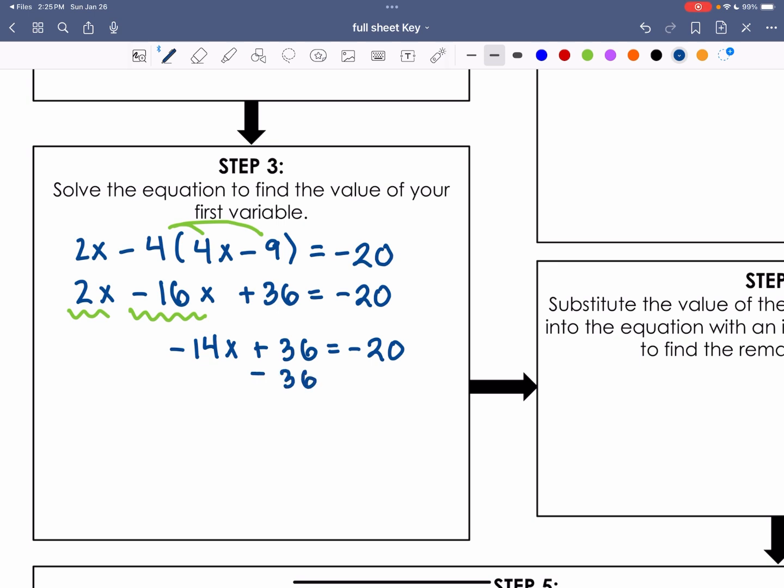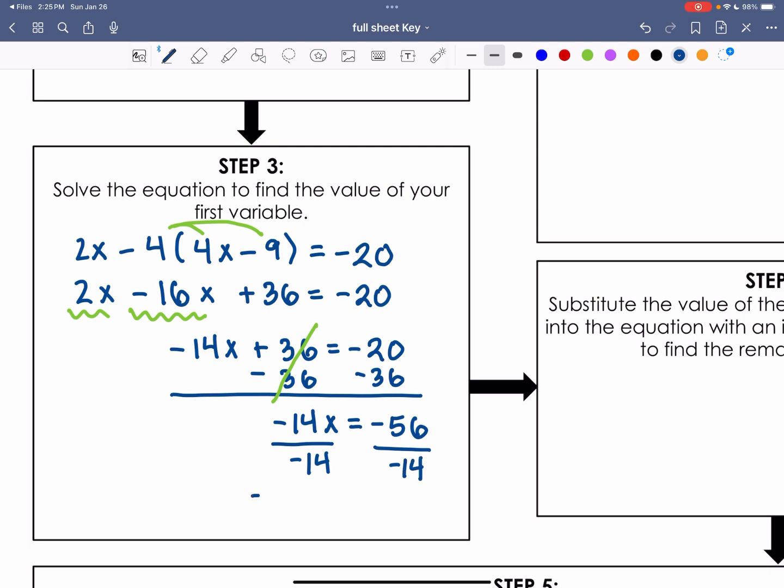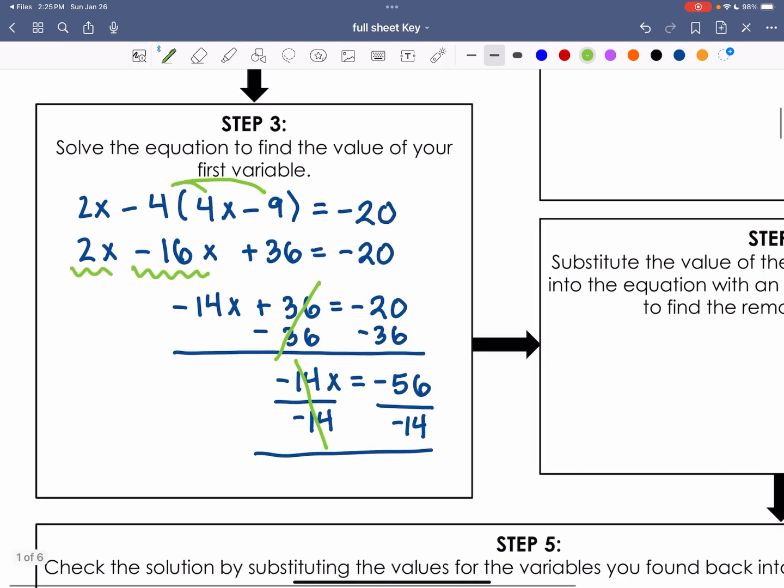But our next step is to subtract 36 from both sides. And that will leave us with negative 14x equals negative 56. And then we will divide both sides by negative 14. And that'll end up giving us x equals positive 4.